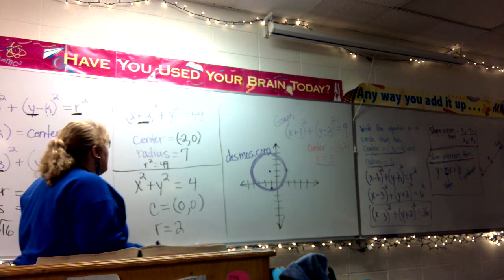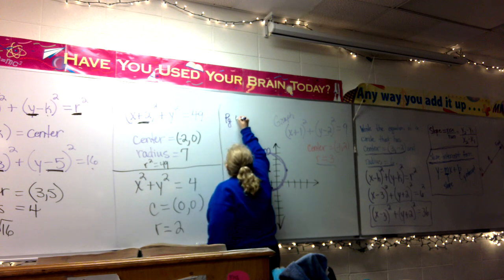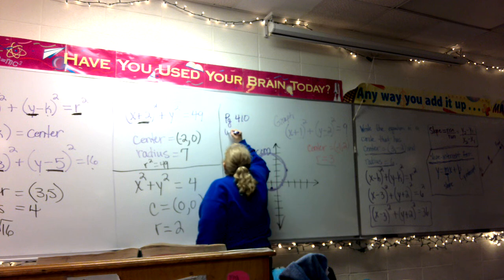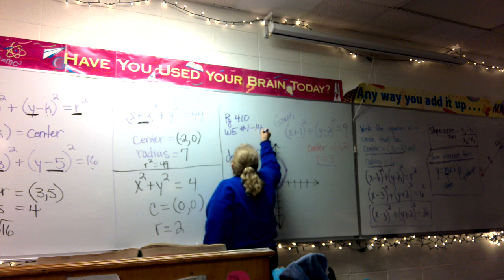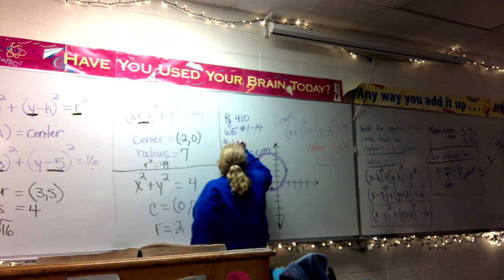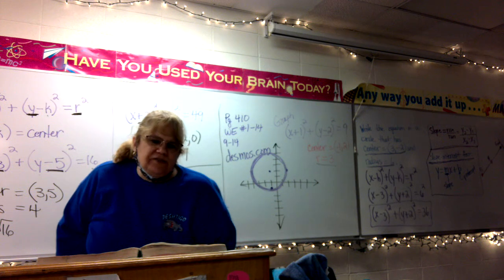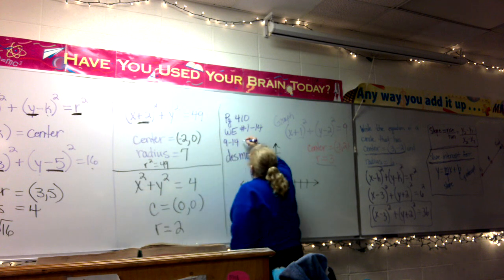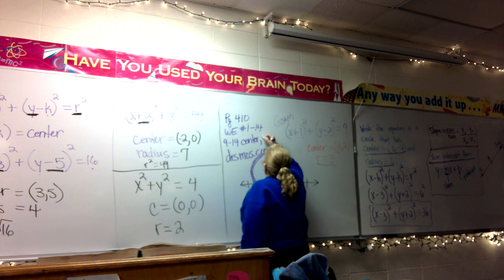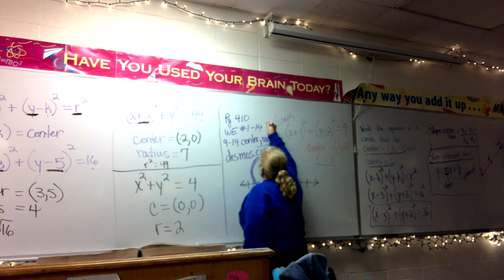But listen up. I need you to listen. On your paper, for 9 through 14, those are the ones that say graph that you're going to do on Desmos. But on your paper, I want the center and the radius for those.